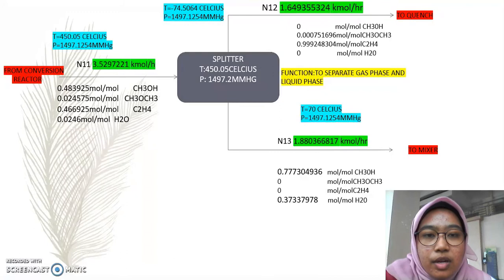The molar flow rate of the upper stream is 1.649 kmol per hour, and the molar flow rate of the lower stream is 1.8803 kmol per hour. The method to calculate these units is by using the Antoine constants, Raoult's law, and the Antoine equations by using TDP and TBP.